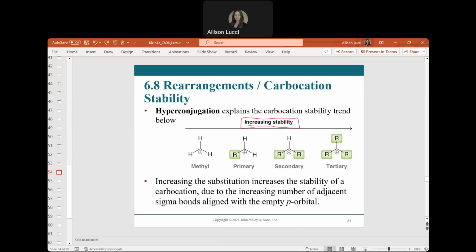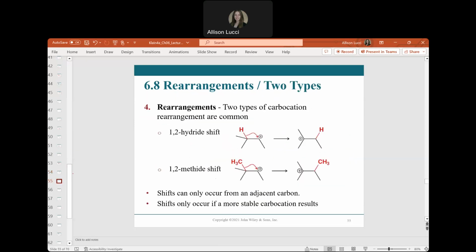Each of these R groups means that there's another alkyl group, right? So carbon and hydrogens attached. If we can have a shift or a movement of either a hydrogen in a hydride shift or a methyl group in a methide shift to create a more stable carbocation, we will.